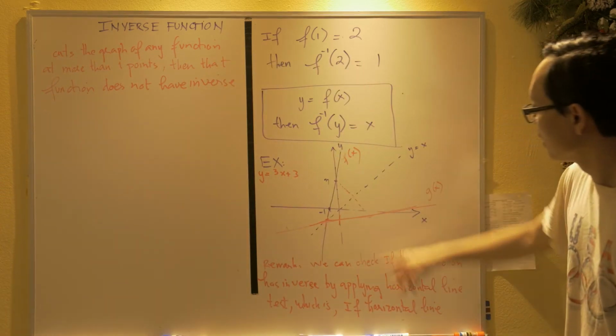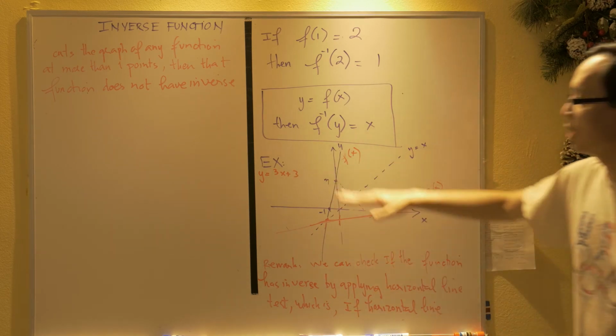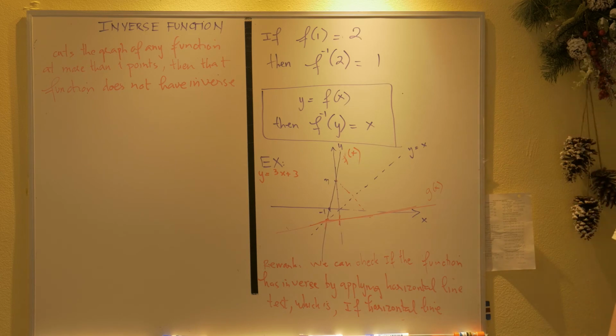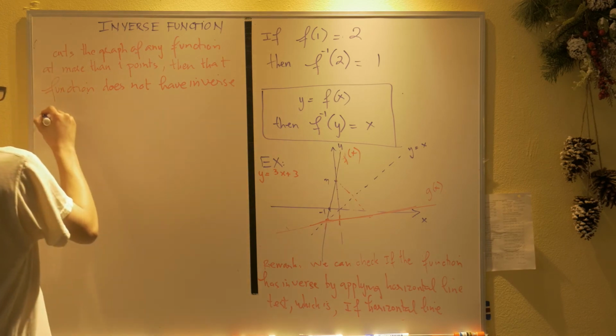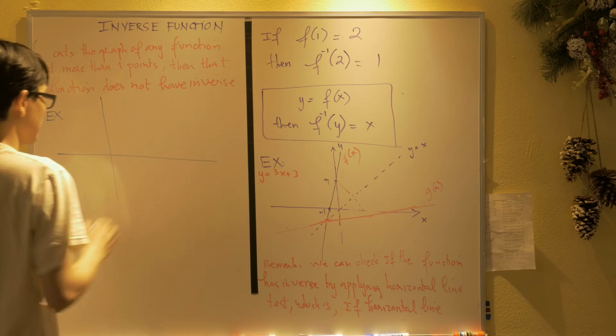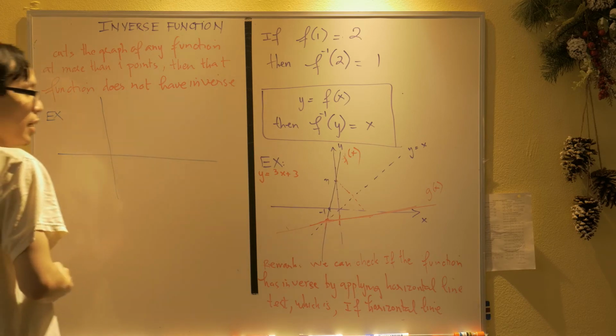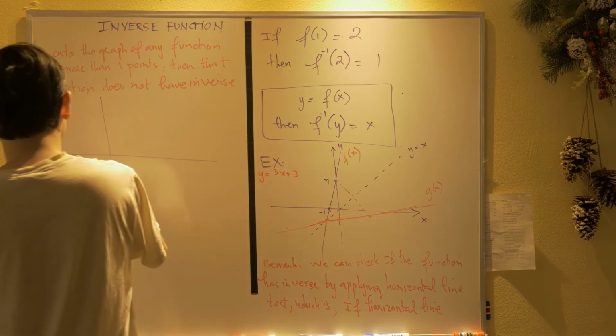So you see that the line over here has an inverse, right? Because you apply the horizontal line test, it cuts at one point. Okay. Or I can give you something like this. Example. If I have a graph that looks like this, and I have something like that. I have something like this.